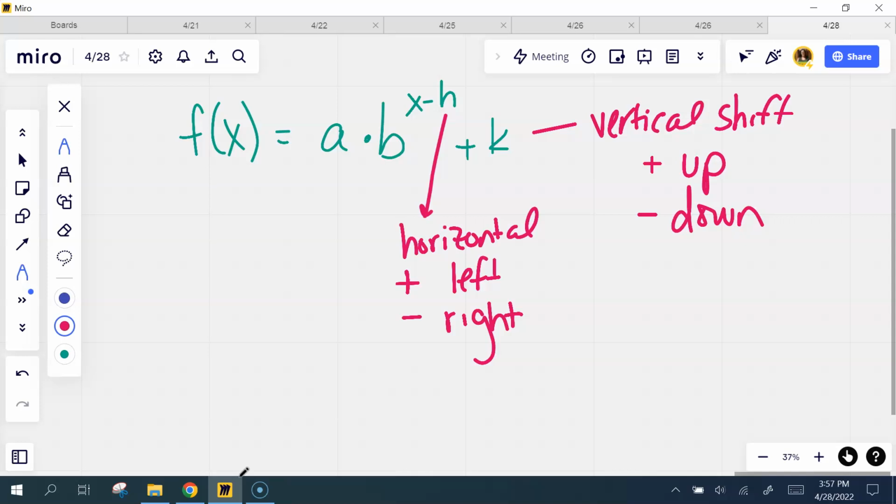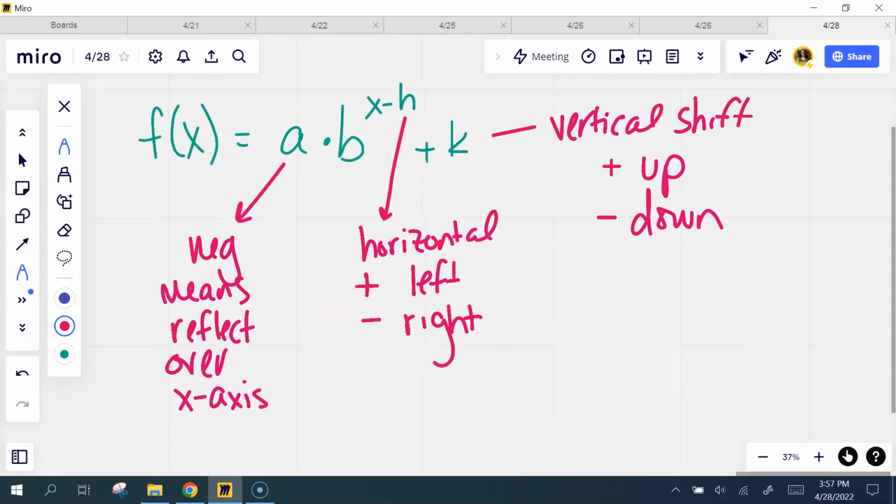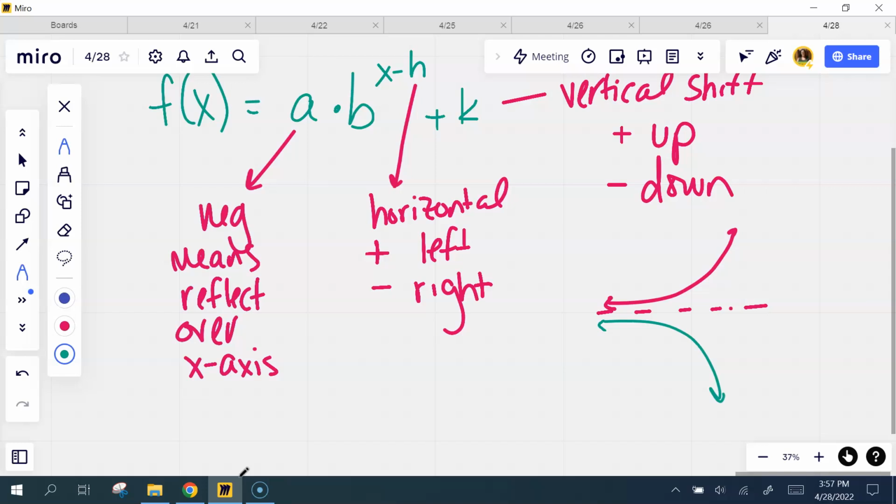And then my a in the front, so it says if a is negative, it means that I have a reflection over the x-axis, okay? And it just flips it upside down. So if this is a growth graph, the reflection of that would look this way. So if it's reflected over the x-axis, it's going to be below my asymptote.